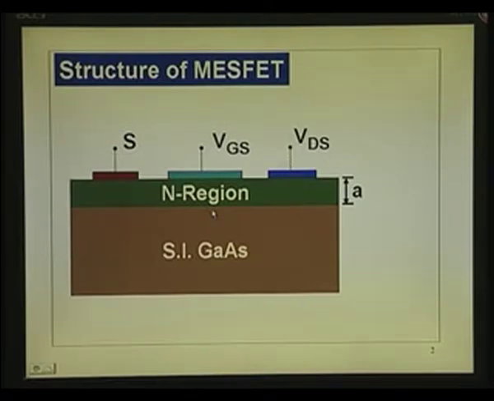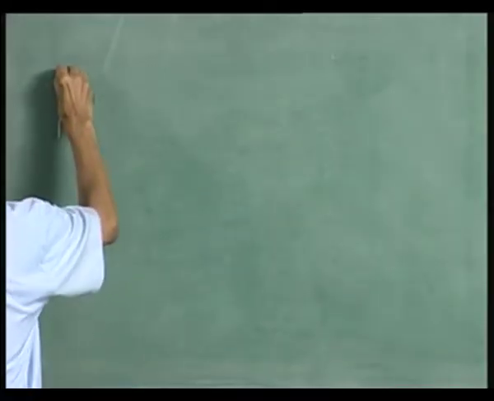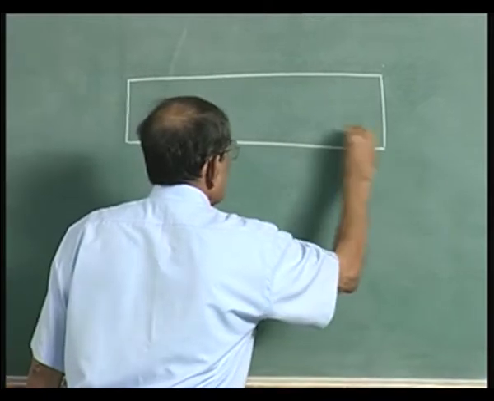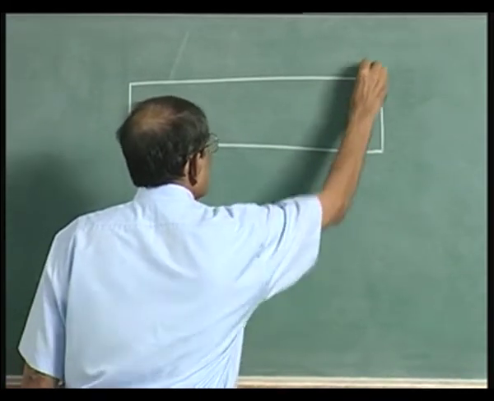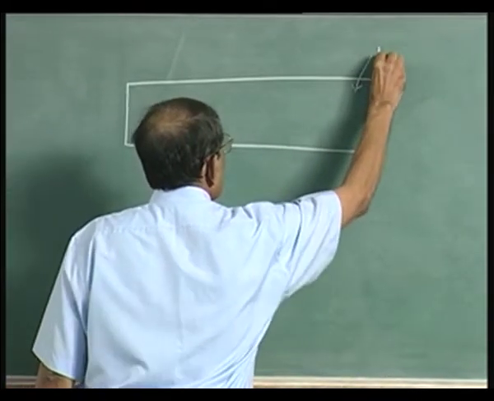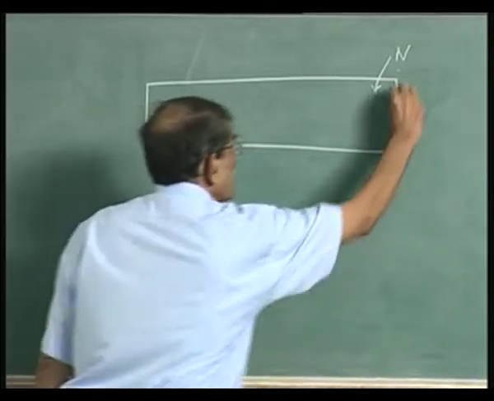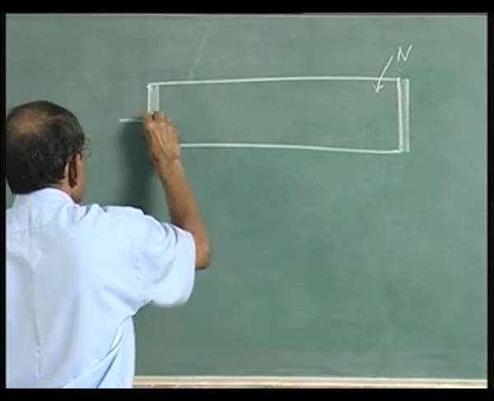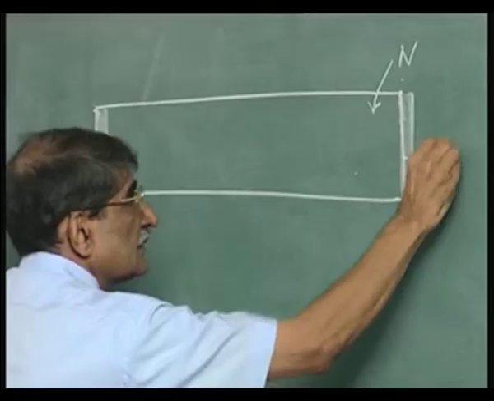Now, let us take a look at how it will operate. I will just draw this particular diagram. So, suppose I have a bar of semiconductor n type. I put a contact here. I put a contact here. This is the source, this is the drain.